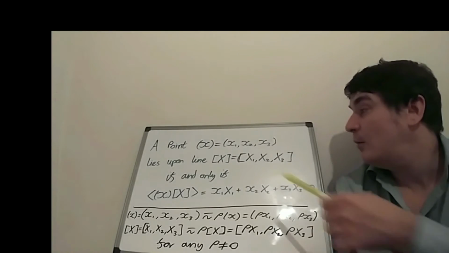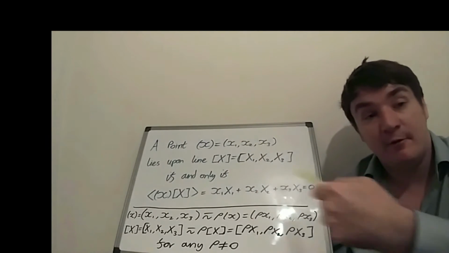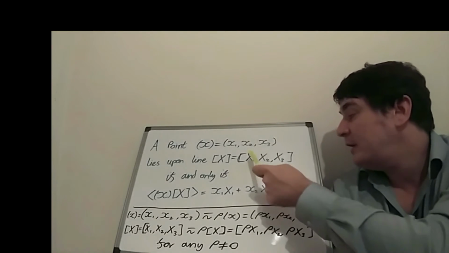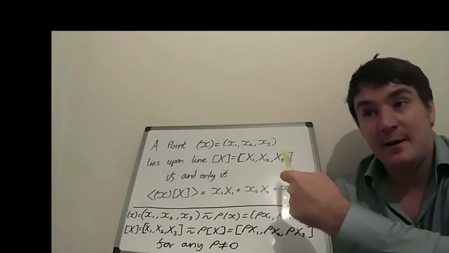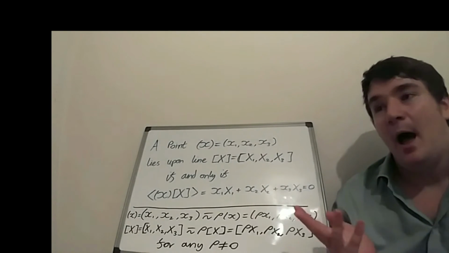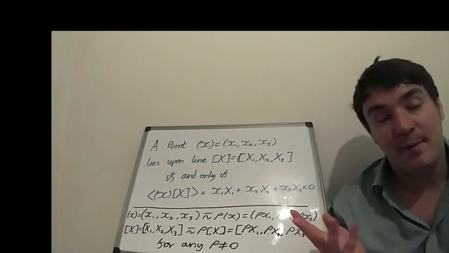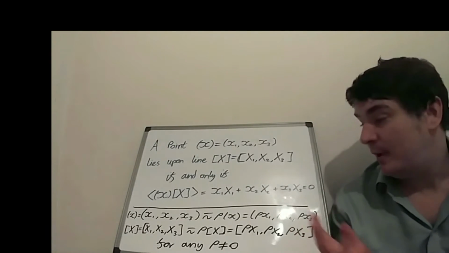We do not allow each of these entries, x1, x2 and x3, to all be 0 simultaneously. We don't allow these big X1, X2, X3 to all be 0 simultaneously. Those cases don't have a geometric interpretation essentially, but anything else is fine.